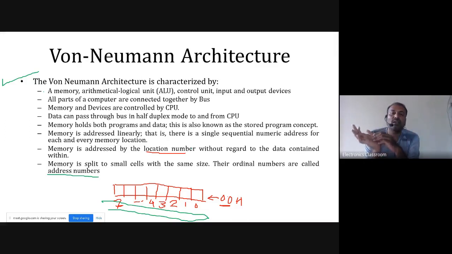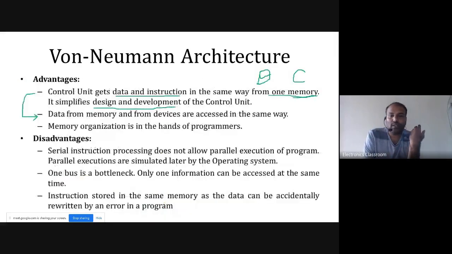We cannot store data in the code section or code in the data section. So in von Neumann, you can store any part of your code or data in any part of memory. So yes, from the programmer's perspective it is simple, but if you make a mistake in doing this, it is going to lead to a certain catastrophe.